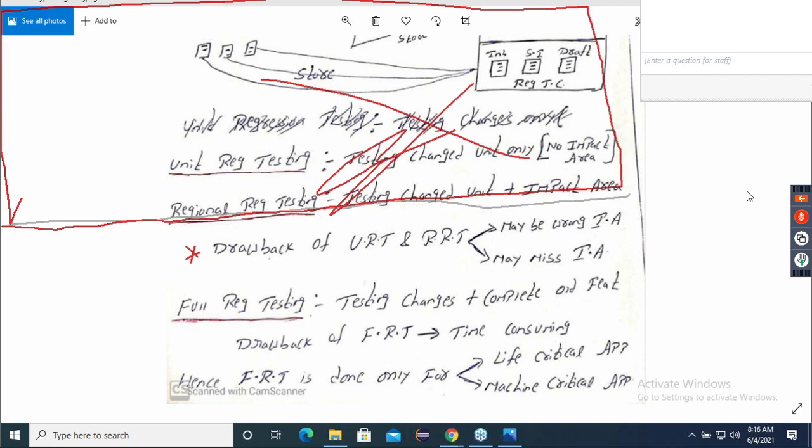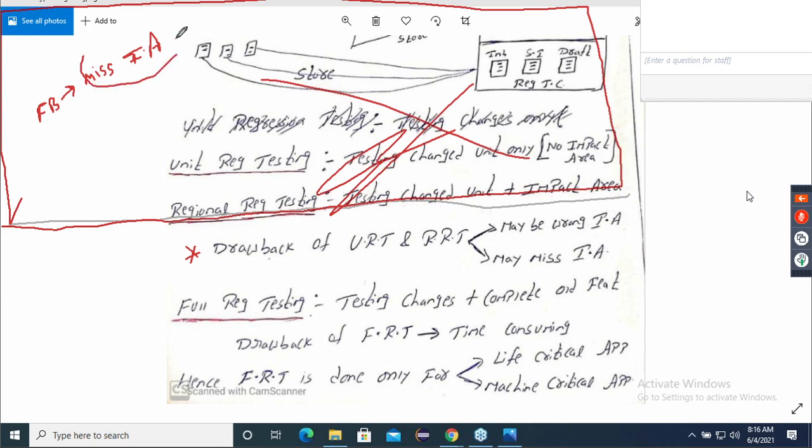Now observe. I am testing Facebook. Just assume. Obviously, Facebook is a huge application. In Facebook, I did unit regression testing and regional regression testing, and because of which I missed some impact area, meaning I didn't test it, because I thought that will not get affected.